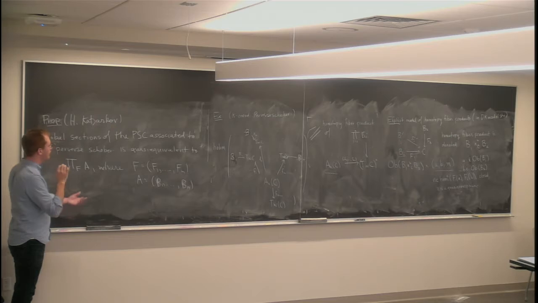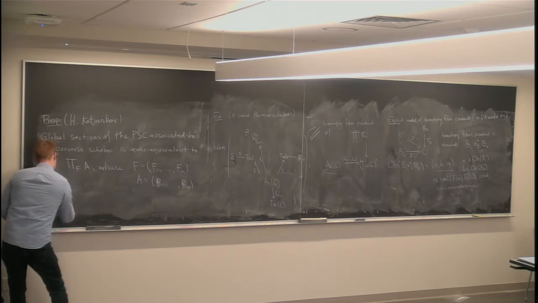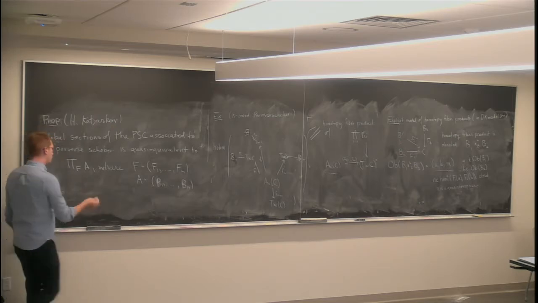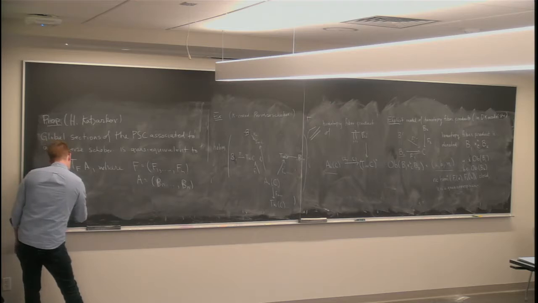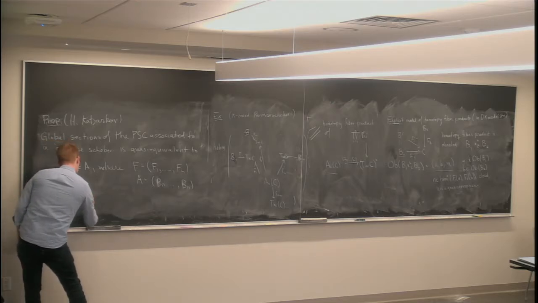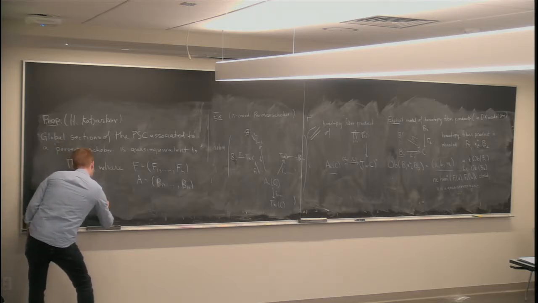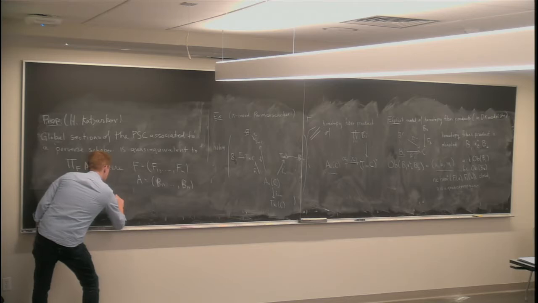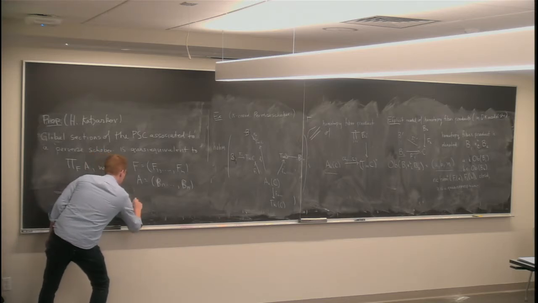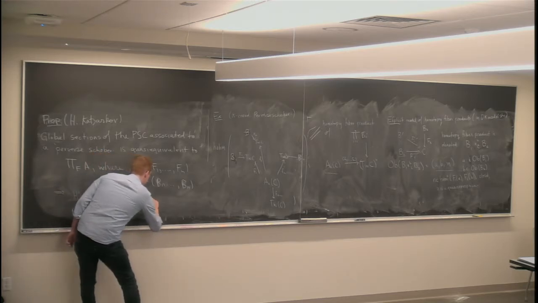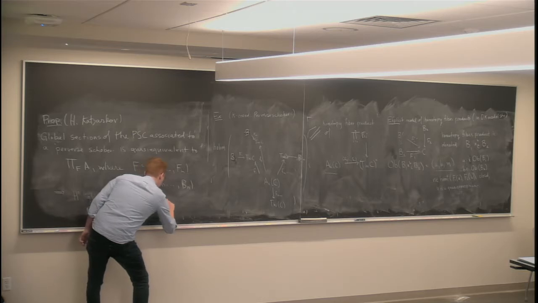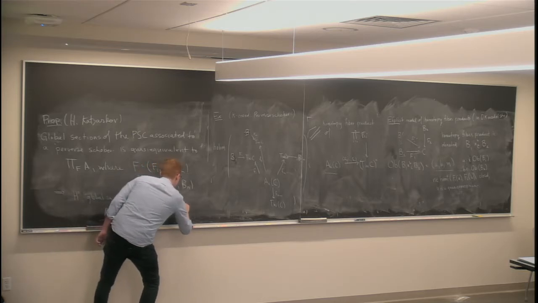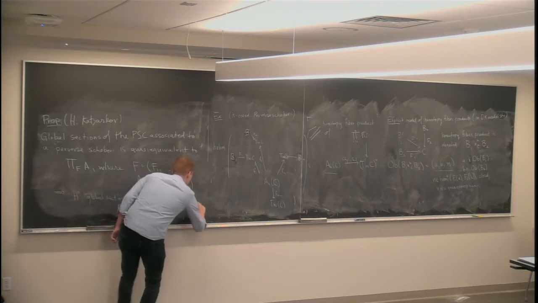So in other words, this means that the homotopy category of the global sections of a perverse Schober has a semi-orthogonal decomposition.